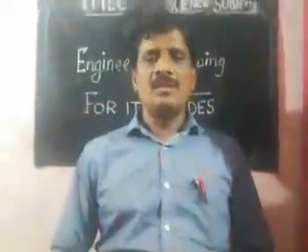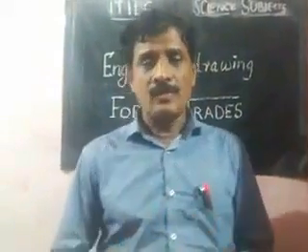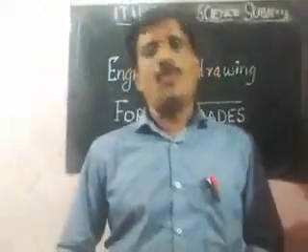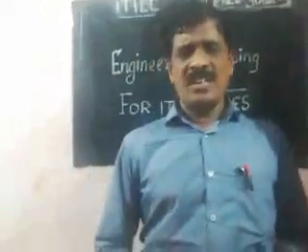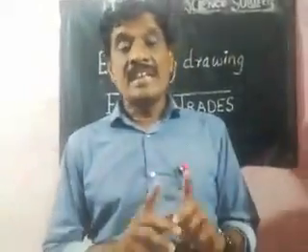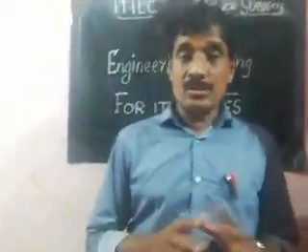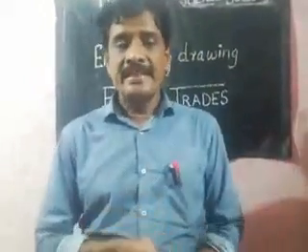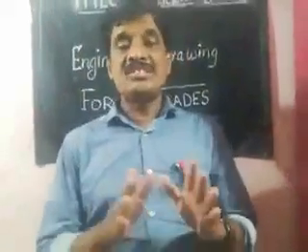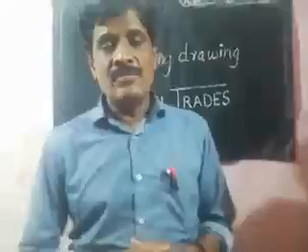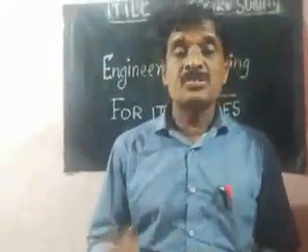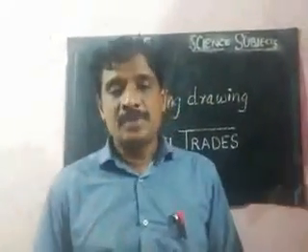What are the rules? For example, if you want to draw a borderline on a drawing sheet, it must be with HB grade only. If you want to construct a view or object line, it should be drawn with H grade pencils. Arrowheads must be made with HB grade pencils.